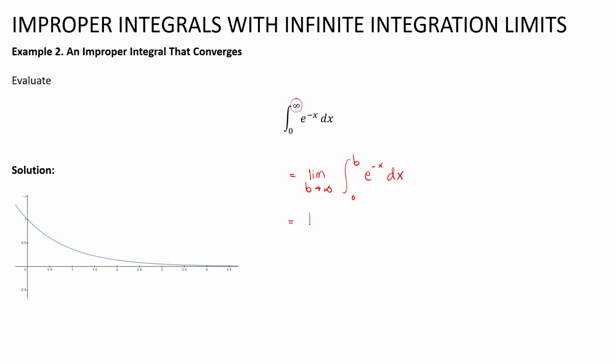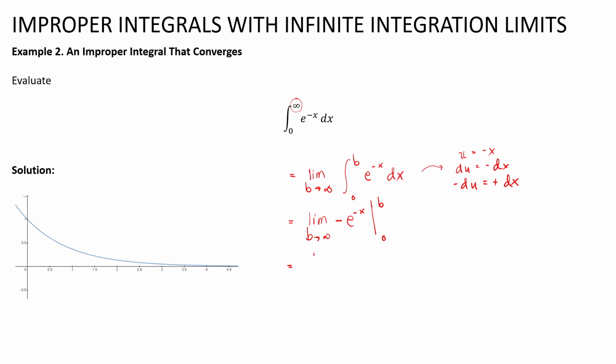So evaluating the integral, if we make this a u substitution, let u is equal to negative x, du is equal to negative dx. So negative du is equal to positive dx. So this is negative e to the power of negative x, and then you apply the limits from 0 to b.